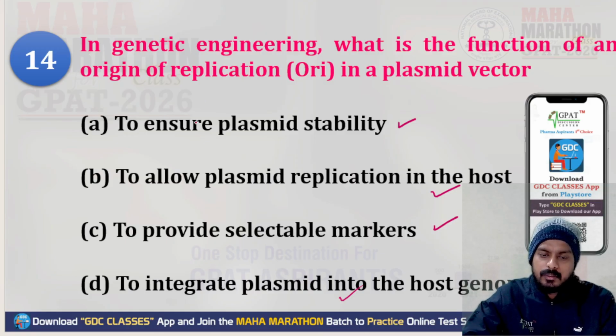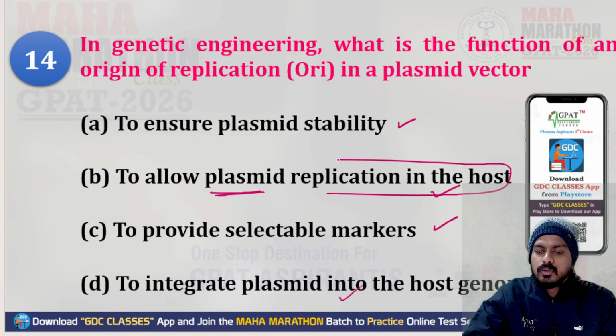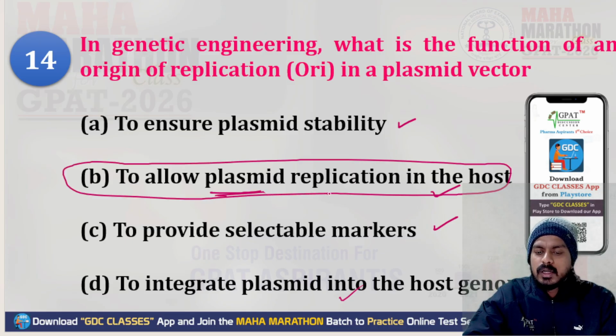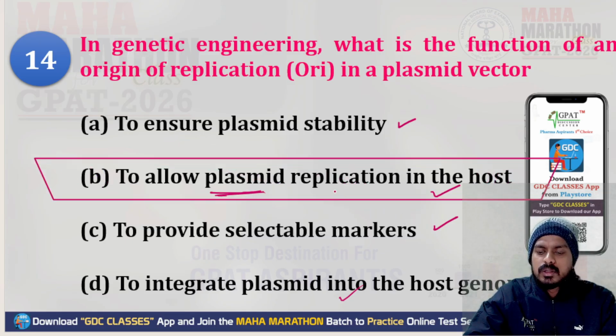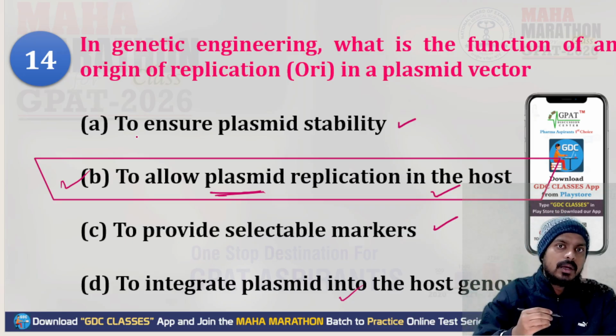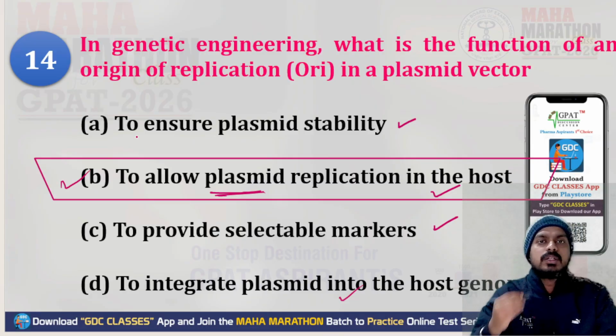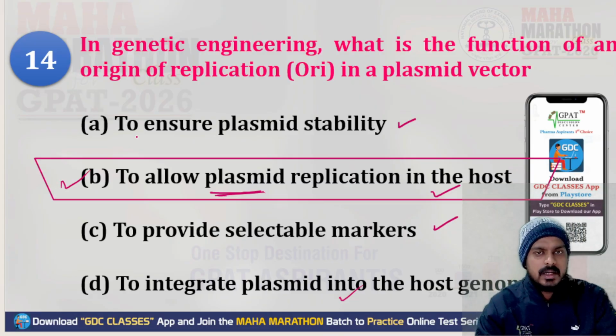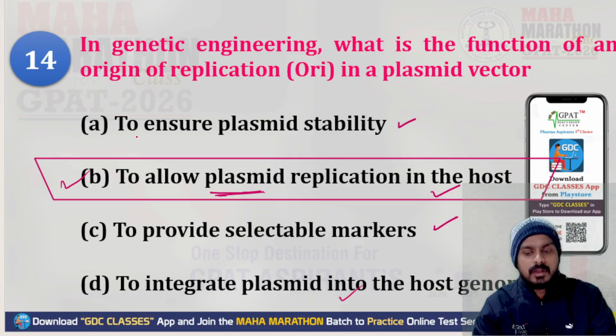So this allows the plasmid to replicate inside the host. It is just like a marker. When this ORI is found, replication will start from that place. That's why we call it the origin of replication.